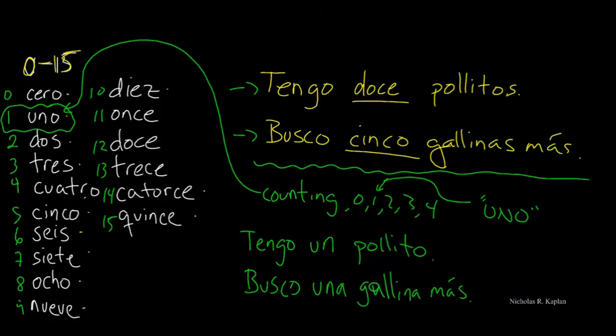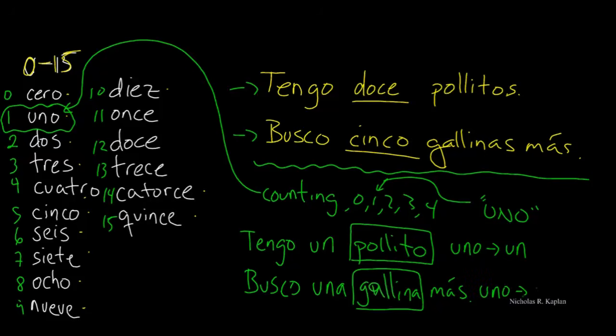So the difference here is that when we are before a masculine noun, our uno will change to un. And when we are before a feminine noun, our uno will change to una.